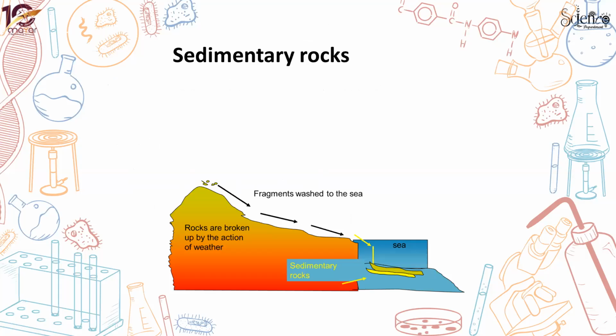Now I'm going to start with the second type of rocks, which is sedimentary rocks. From the name, you can tell me how it's formed. Sedimentary, yes, Omar. Omar, sedimentary rocks, from their name, can you guess how they form?